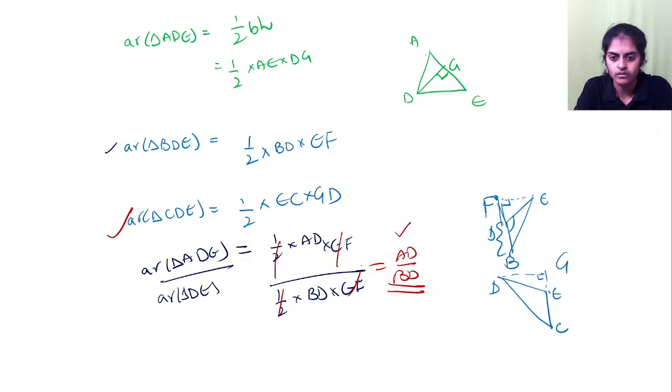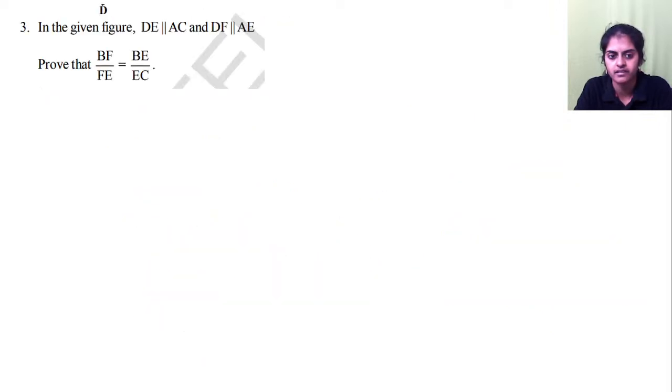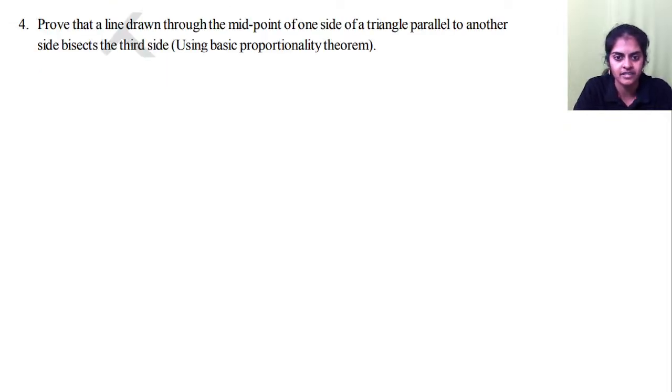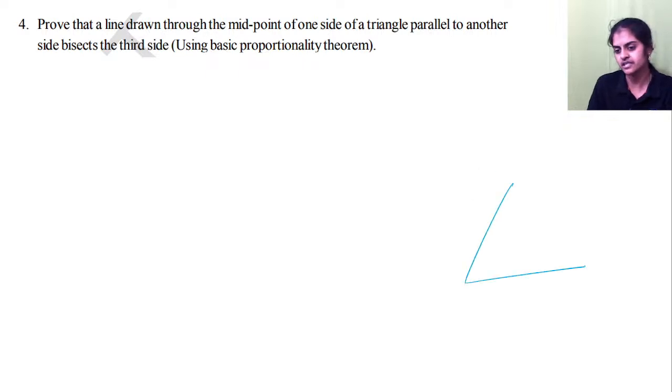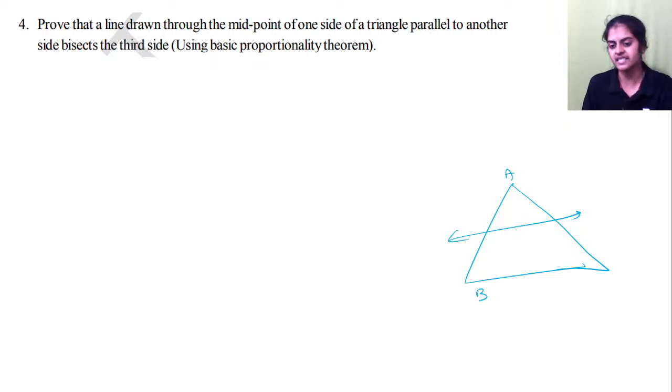Okay, see one more question. Here also the figure is needed. How did I miss taking figures? This is nothing but the converse of the basic proportionality theorem. Prove that the line drawn through the midpoint of one side of a triangle, parallel to another side, bisects the third side. Okay, this is the converse. So how will you prove this? Suppose ABC is a triangle.